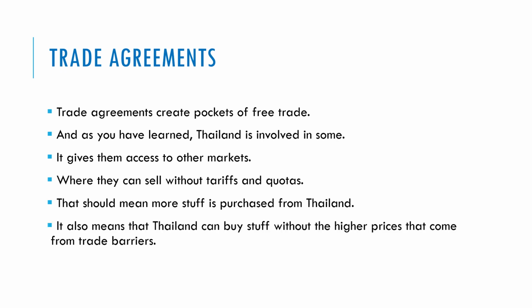It also means that Thailand can buy stuff without higher prices that come from trade barriers. So again, Thailand benefits when it goes to purchase stuff because it can purchase stuff from other member nations, other countries that are part of this trade agreement, and they won't have imposed quotas and tariffs. So you see the win-win back and forth. You sell more stuff, but you can also buy stuff more cheaply when you're participating in these trade agreements.